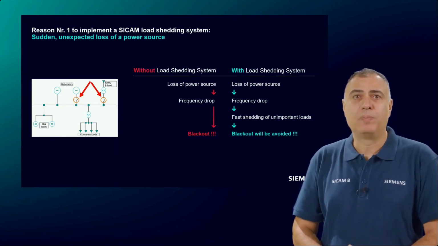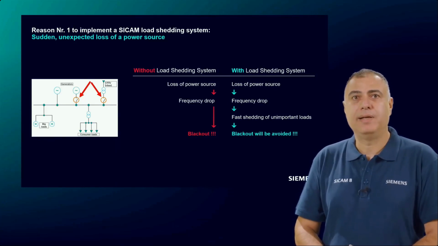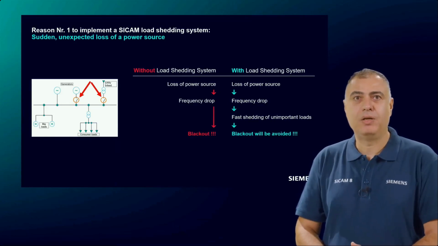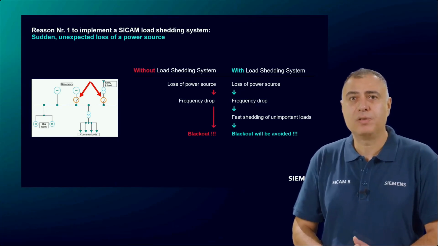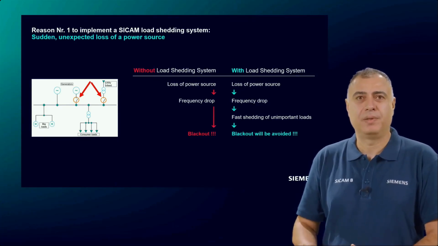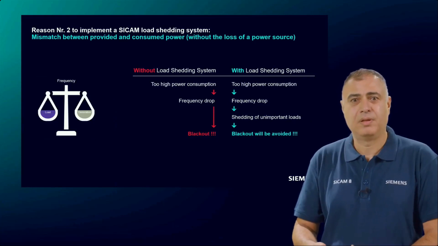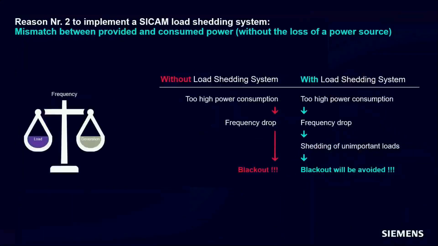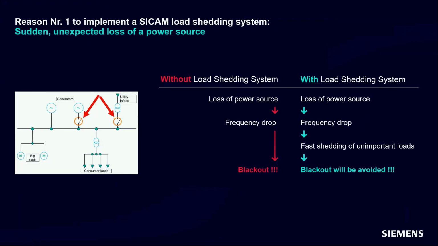Furthermore, it should be observed that due to the phase out of fossil energy, our grids are coming close to their limits. Here as well, load shedding offers functional advantages. Let's start with the reasons.